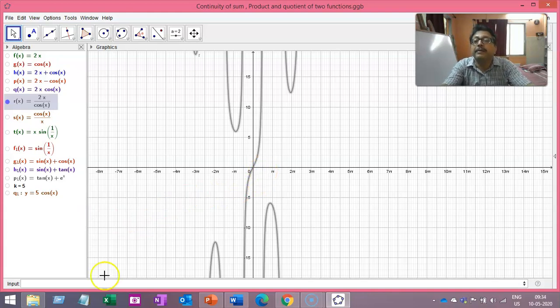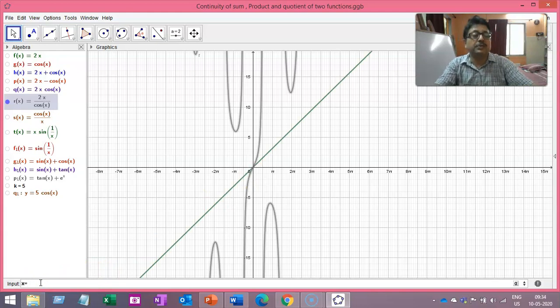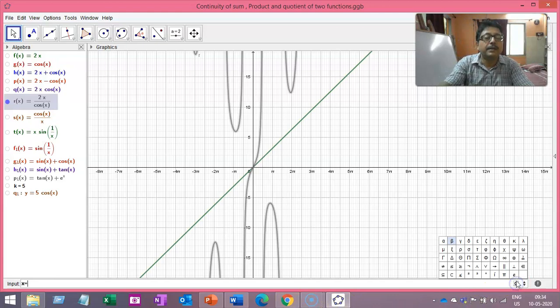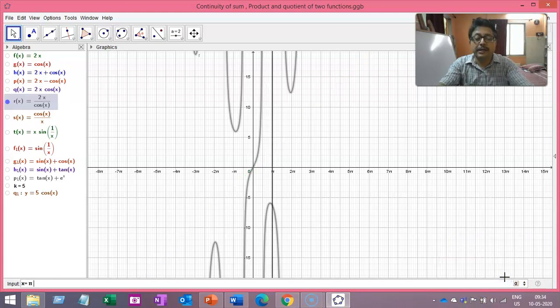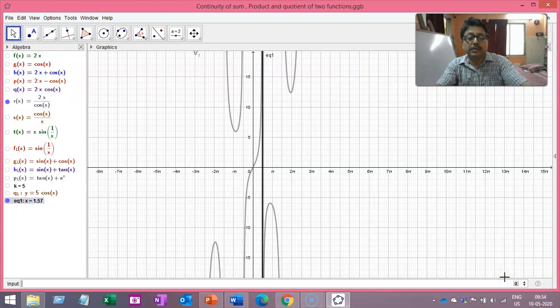See, this line is an asymptote to the curve. So 2x by cos x is not continuous, as cos x is zero at x equal to pi by 2. There is a clear discontinuity of the function 2x by cos x.